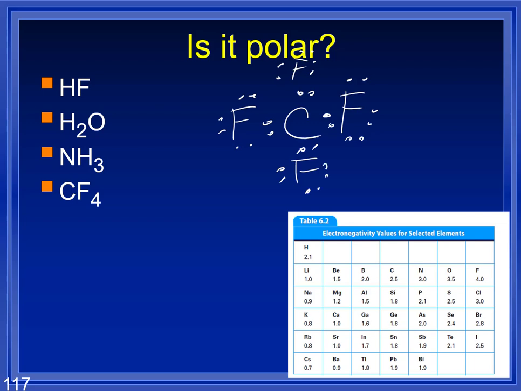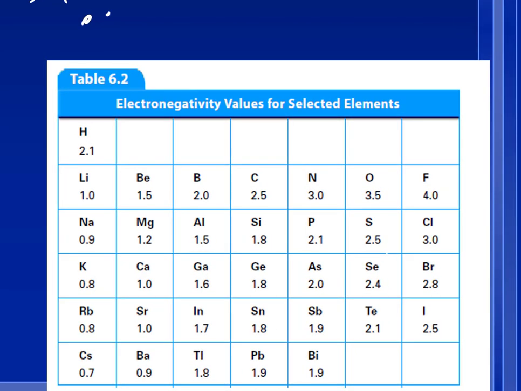So all the bonds in this are the same. I really only have to check one bond. Is that CF bond polar? Well, F, we looked up earlier, was 4.0. Carbon, on my table, is 2.5.